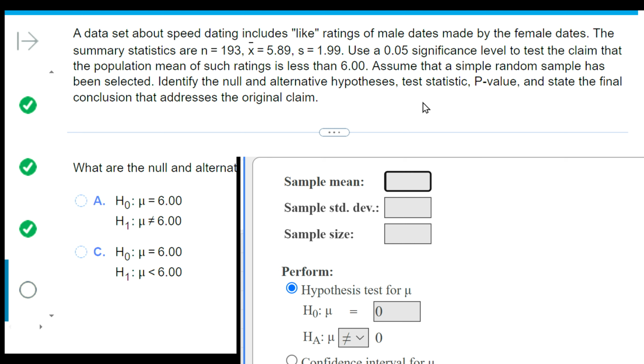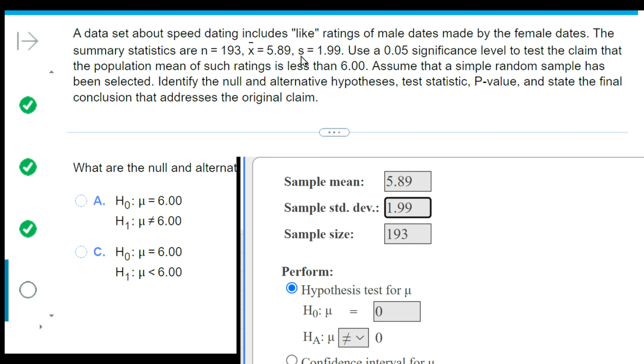What is my sample mean? Well, it looks like the average rating was 5.89. That's awful low. On how many women were asked? 193. The sample standard deviation, 1.99.